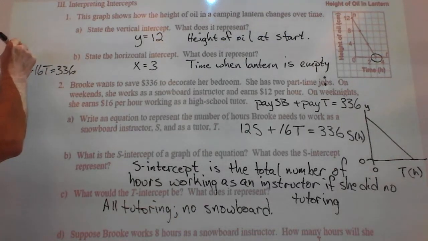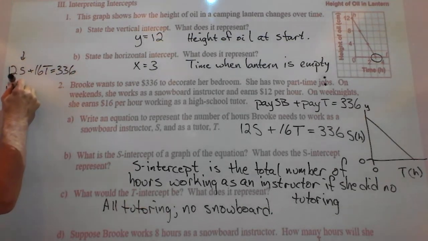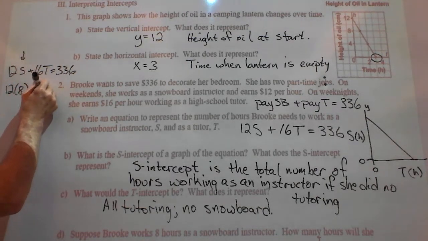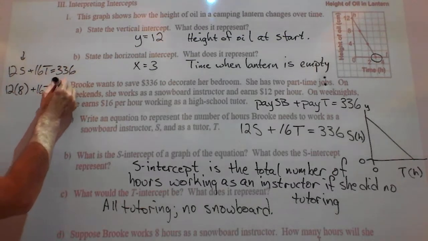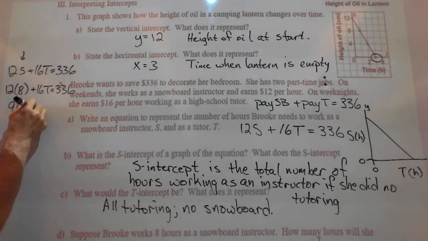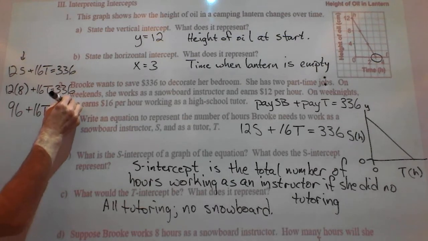That's this variable right here. Remember we said that was the number of hours she works as a snowboard instructor. So if she works 8 hours, we simply substitute 8 where we see S and simplify our equation. So 12 times 8 plus 16t equals 336. 12 times 8 is 96, plus 16t equals 336.